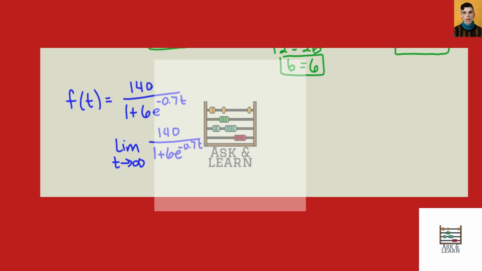If t is going toward infinity, then this is like e to the negative infinity, which is very, very close to 0. So 6 times very, very close to 0 is also very, very close to 0. So we basically have 140 divided by 1. So it's heading toward 140 as time goes on.